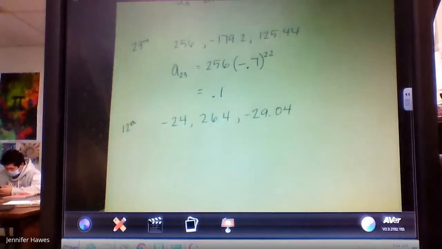Did you put that negative 0.7 in parentheses? And the 22 is on the outside of the parentheses. If you have an even power, if you put a negative number in there, that'll be a positive because you have an even amount to cancel out. Okay, find the next one. That's why I type it in just like that.